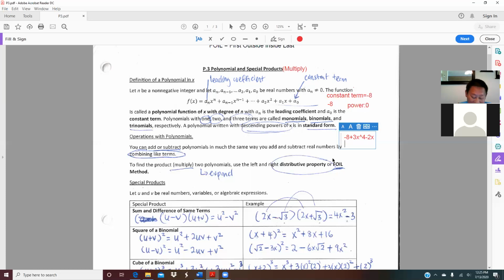So if you want to write this in standard form, the 3x to the power 4, that is the highest power, comes first. Okay, and then minus 2x is the next one, and then minus 8. So this is what we call standard form.